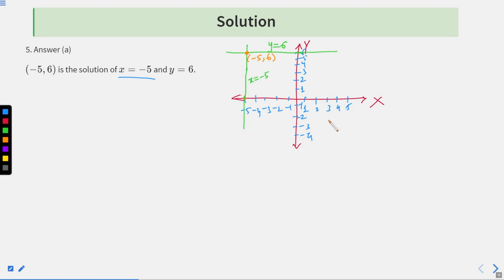So minus 5 comma 6 is the solution of the pair of linear equations x is equal to minus 5 and y is equal to 6. So in this question, the correct answer is option number A.